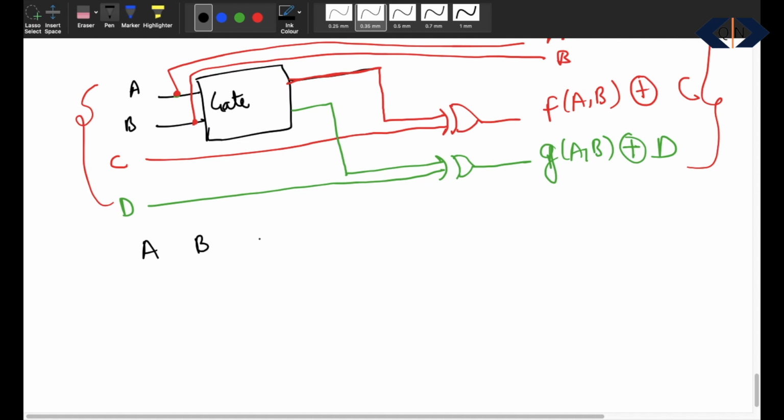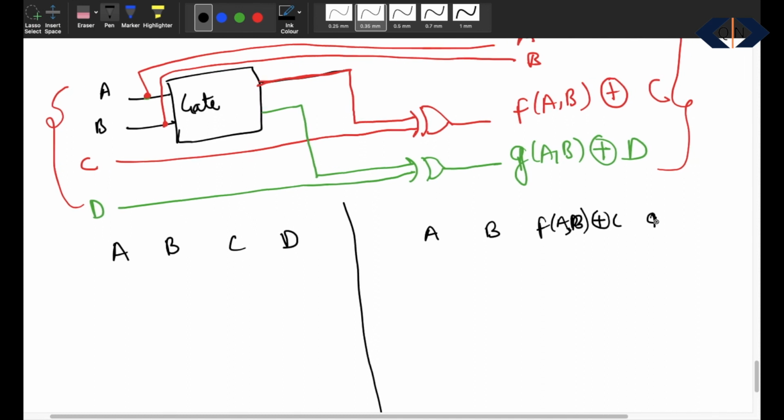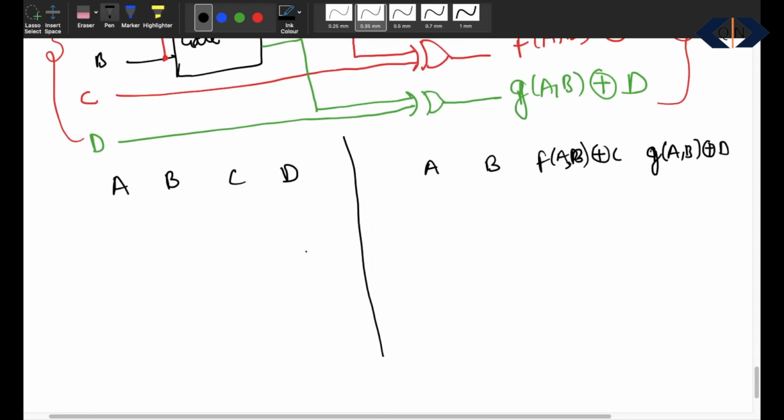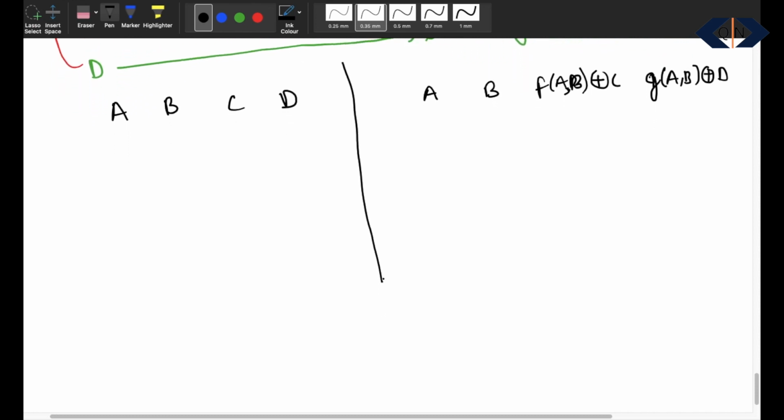A, B, C, D. Our output will be looking like A, B, and function of A and B XOR C, and G of A, B XOR D. So we already have an understanding of XORing with 0 and 1.